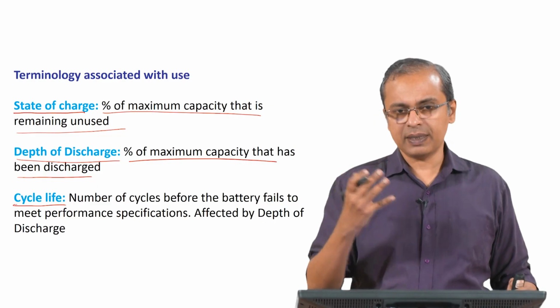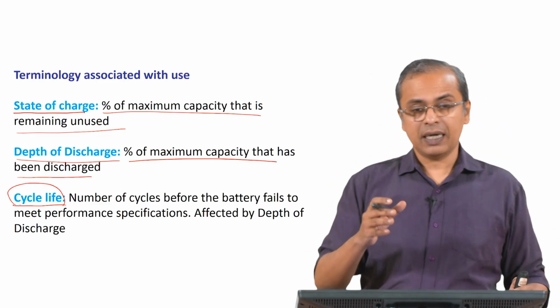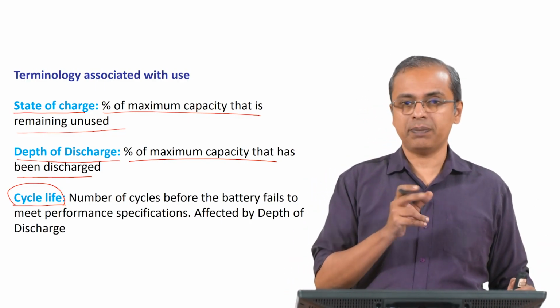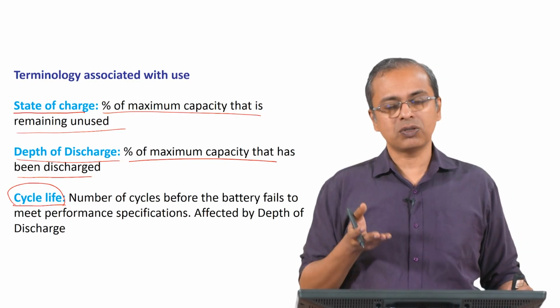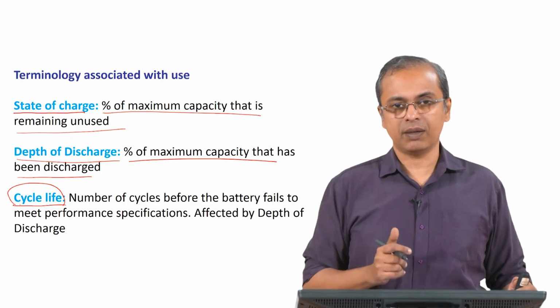So some criteria you have to set, and with respect to that we decide the cycle life, because you can figure out how many cycles it will do before it hits that performance limit. Again, this is something that the battery test station will do for you. You cannot distribute batteries to 100 users and figure out when they start feeling uncomfortable about it.